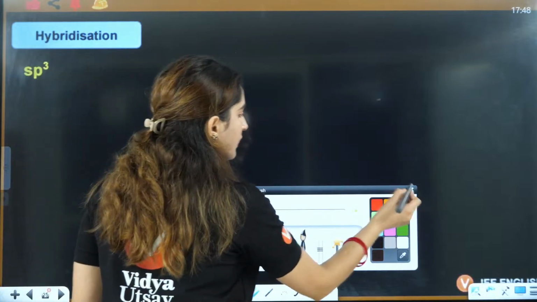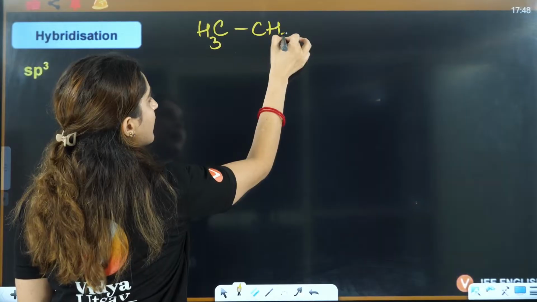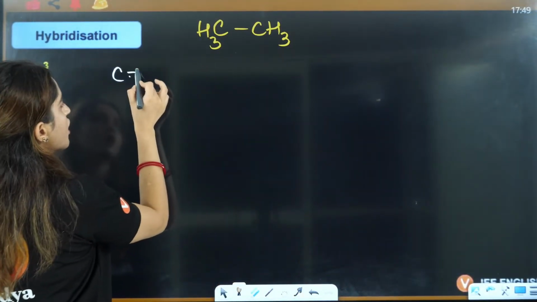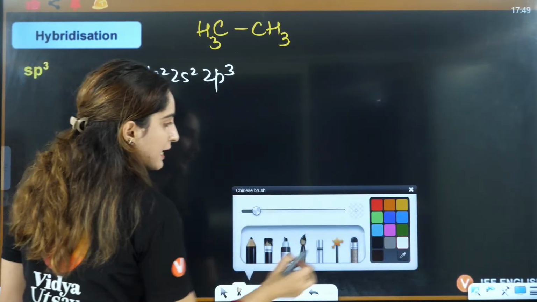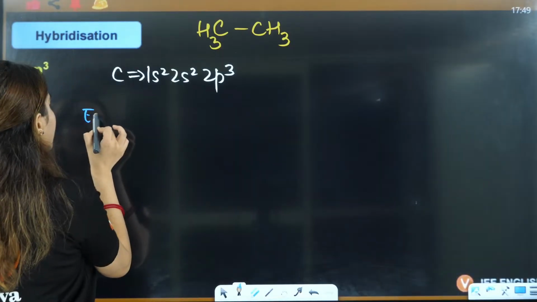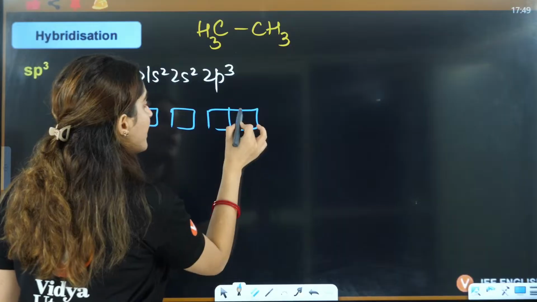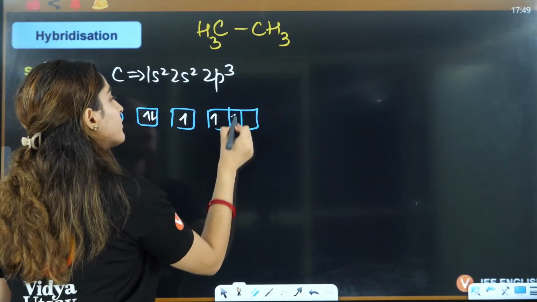Okay. Now let's discuss the same thing in CH3-CH3, that is sp3 hybridization. This will help you in organic chemistry also. So carbon is 1s2, 2s2, 2p2. In the excited state, it is 1, 2 and 3 in the p orbitals, and here it is going to be 1, 2. Excited I am writing, okay?